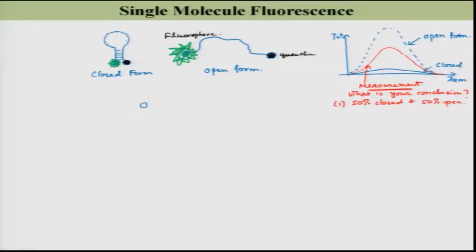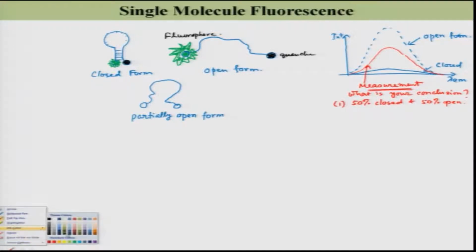For example, let us say this is the situation, another type of form. So, I will name it as partially open form, it is not fully open, partially open form.